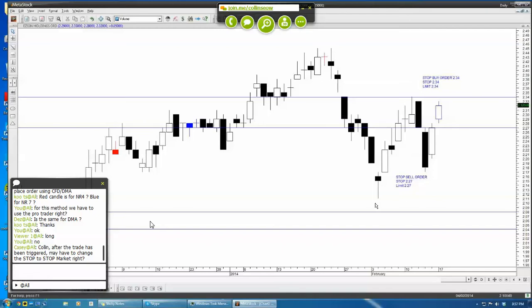After the trade has been triggered, may have to change the stop to stop market? No need. I think the stop limit just remains. Philip doesn't have stop market order, only stop limit order.